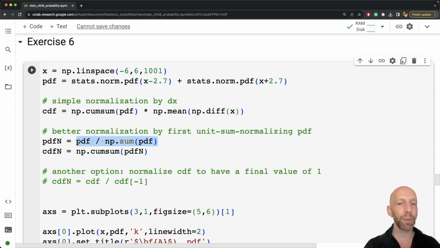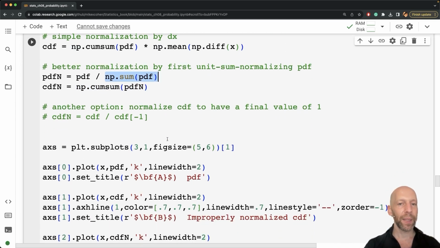Here I am trivially forcing the sum over all the PDF values to be 1 by dividing by their sum, the sum of the raw values. Then I take the cumulative sum without doing any further normalization. I'm not also normalizing by dx because we are normalizing the PDF first.